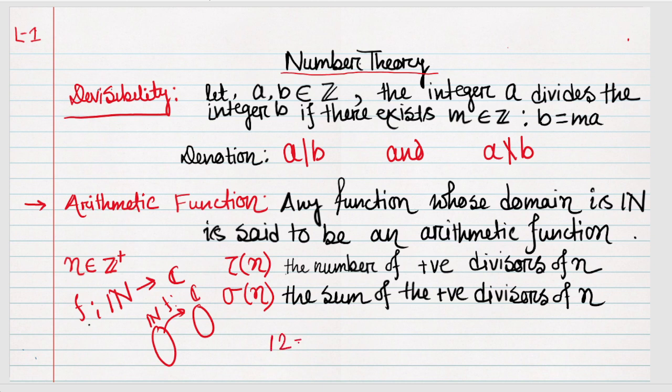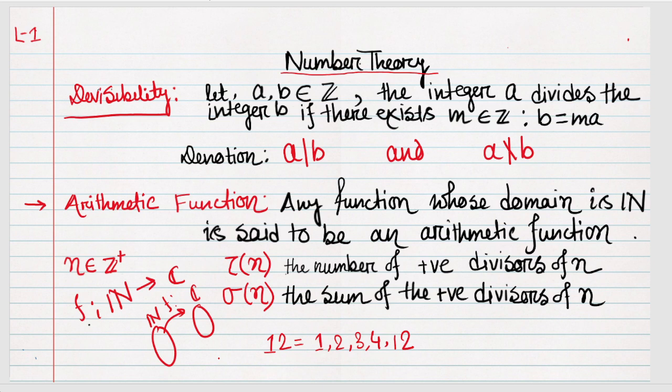The divisors of 12 are 1, 2, 3, 4, 6 and 12 itself. So if we consider the positive integer 12, then 12 has 6 divisors.